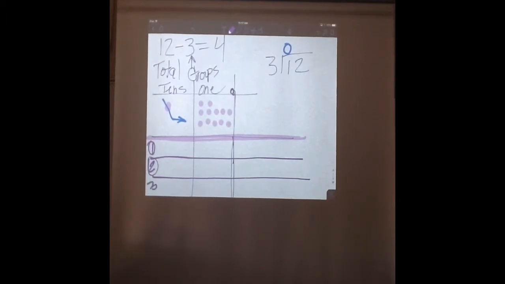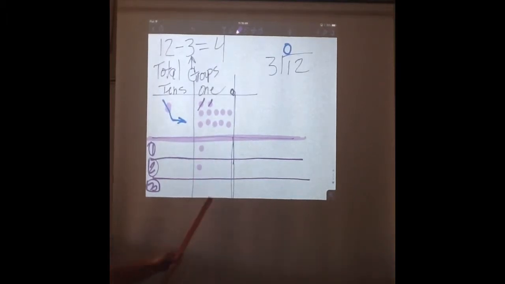We're supposed to have 3, right. So there's my group 3. All right, ready? So we're going to go to the cross-out method. Okay? I'm going to cross this one off, and I'm going to put one here. I'm going to cross this one off, and I'm going to put one in the next group, right? Yes. Does that make sense?